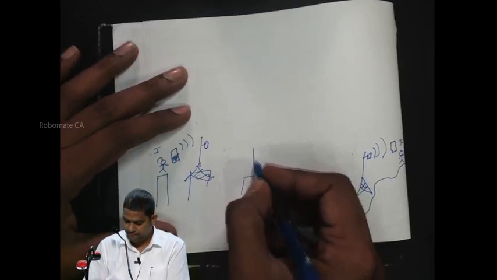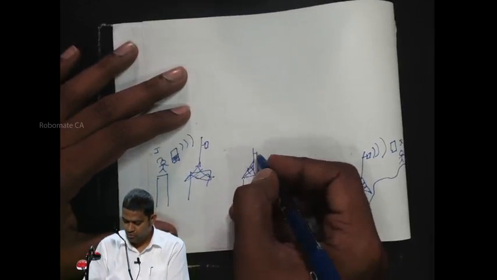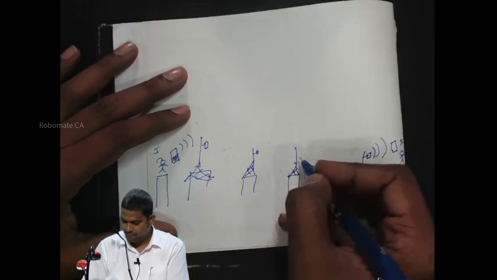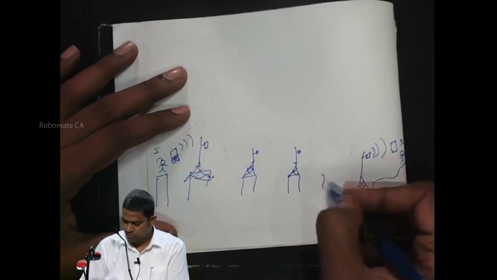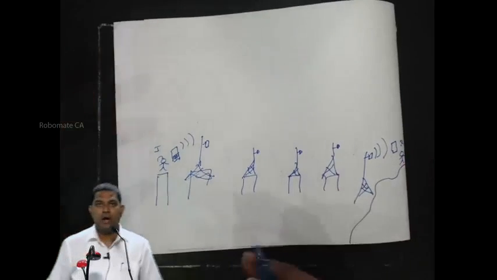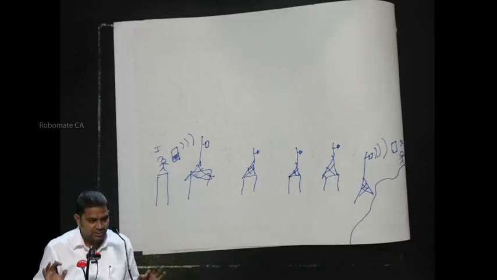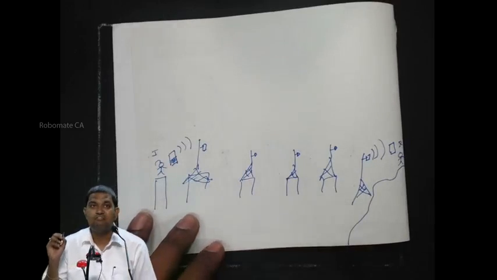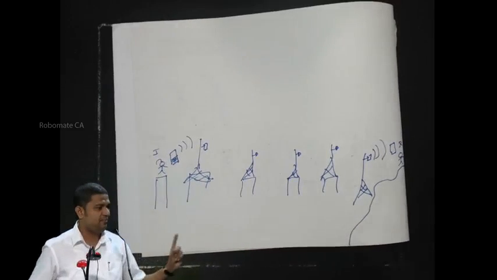One building, one tower. So one building over here, one tower, one more building, and a tower. Now the towers would be chosen in such a way that the distance between the two towers is not more than 50 kilometers. Why?